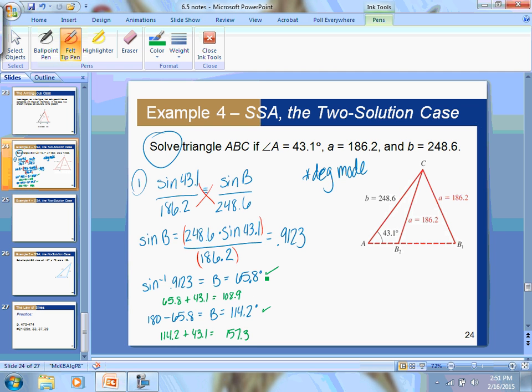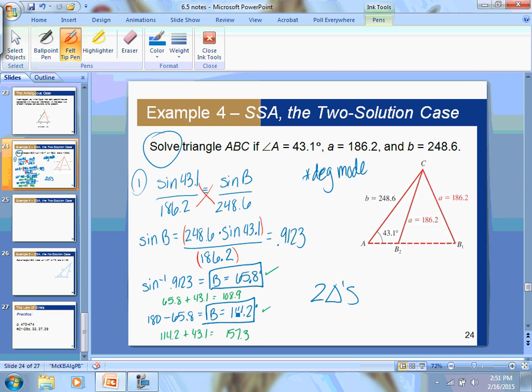So here, both of these are possible solutions for angle B. So now this tells me that I'm going to have two triangles. So I have to finish this problem twice. I have to go through the work if angle B is 65.8, and then I have to go through the work for if angle B is 114.2.